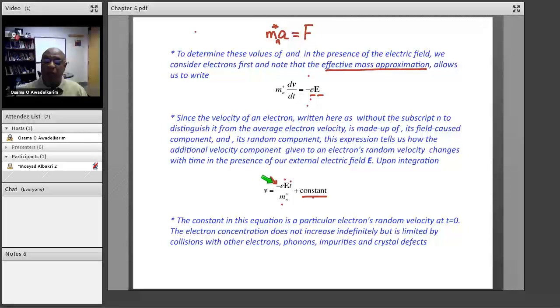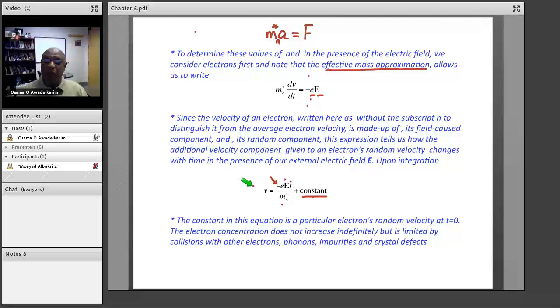Now at t equals 0 we have random electron velocities.